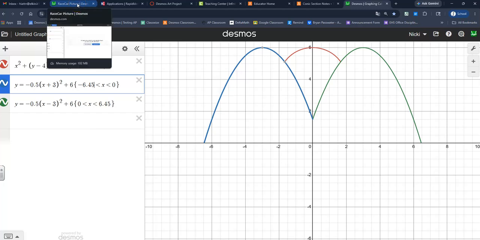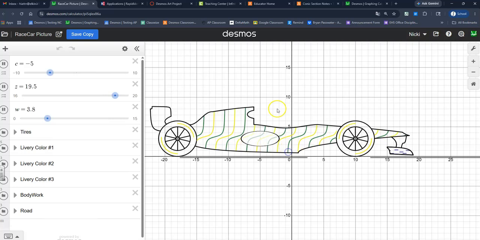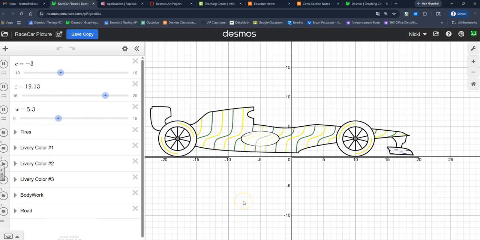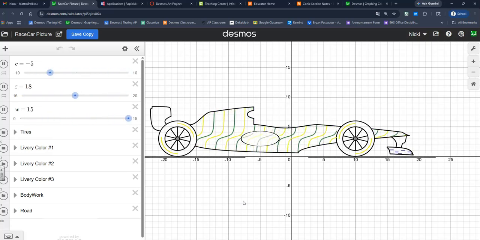If you want to see some over-the-top ones, this was not calculus. So this was several years ago. This one is Connor Ball's, so Braden's brother. This was his. He had a race car that he animated here. So that one is driving down the road.